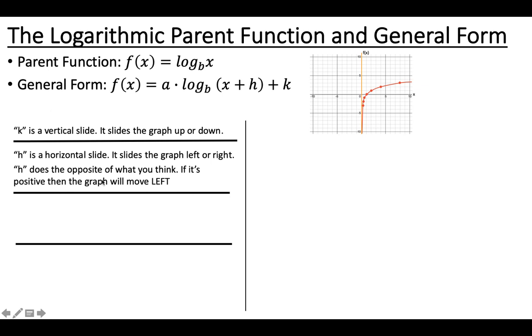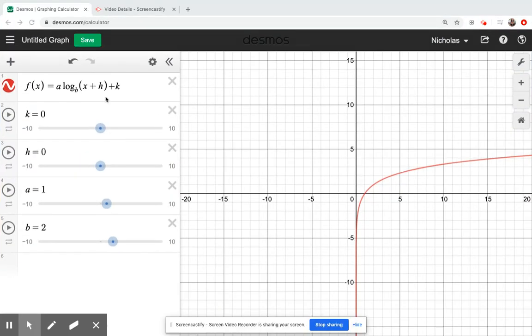This stuff should hopefully be sounding familiar, okay? Because like I said before, k always means an up and down slide. H will always mean left to right. Now we still need to talk about a, so let's go explore a. Here I've got a slider for a. I can make a bigger or smaller. Let's see what happens if I make a bigger.